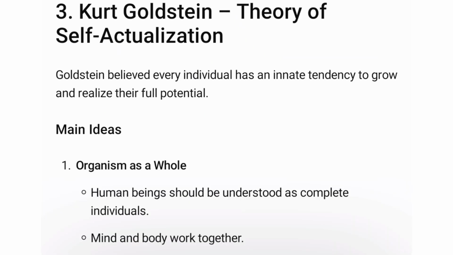Last theory, Kurt Goldstein's theory of self-actualization. Goldstein believed every individual has an innate tendency to grow and realize their full potential. Number 1, the main idea of the organism as a whole: human beings should be understood as complete individuals. Mind and body work together.